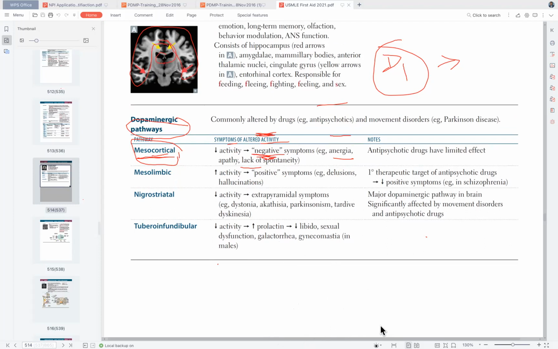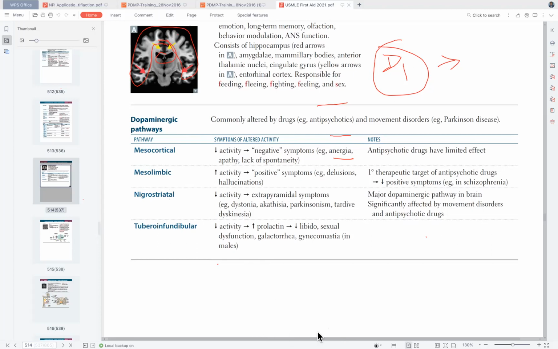Now, next thing is the nigrostriatal pathway. Of course, that is for movement, right? The nigrostriatal pathway. And as I said already, dopamine is made in the substantia nigra.